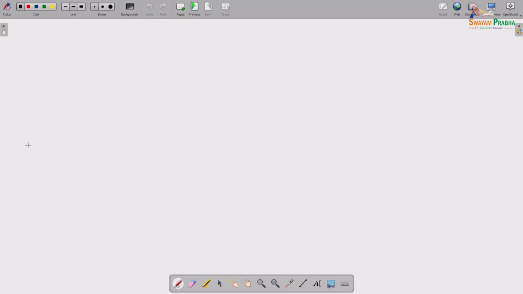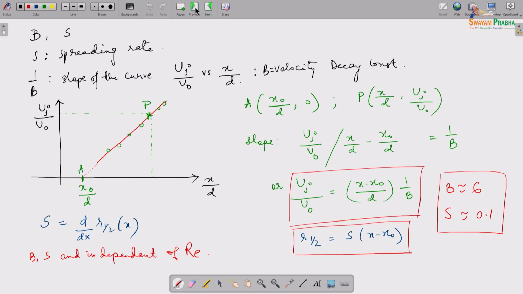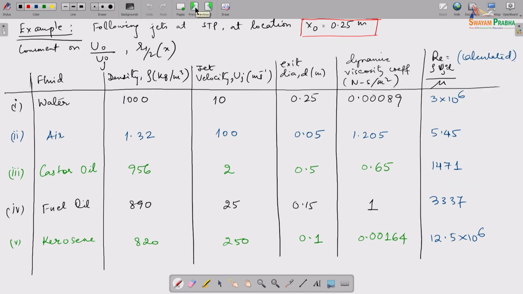This is for the first jet. So here x naught by d is equal to 0.25 by 0.25, which is equal to 1. x naught is what is given to us, 0.25, and d is also 0.25, that is how I get that.